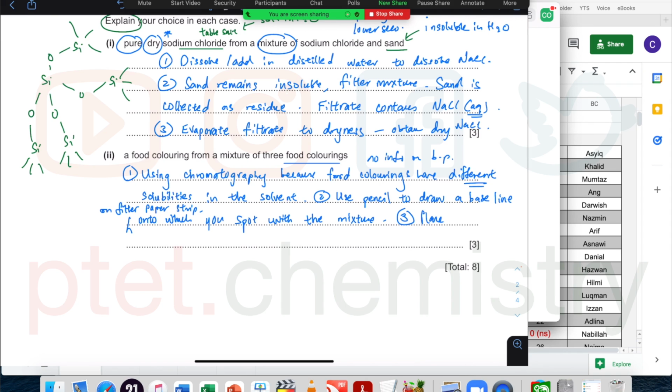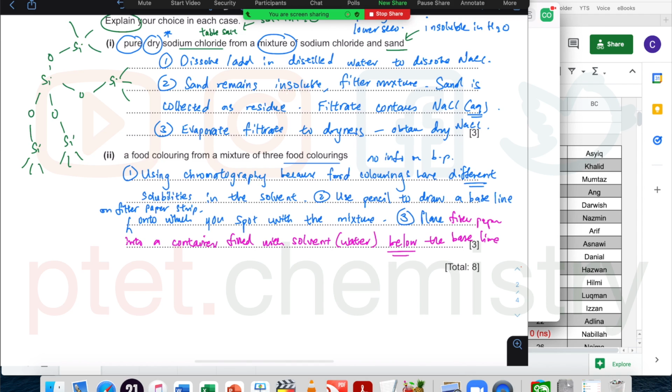So place the filter paper into a container or a beaker filled with solvent. So you have to use a solvent. You could use water, you could use ethanol if you want to, but this must be below the baseline.